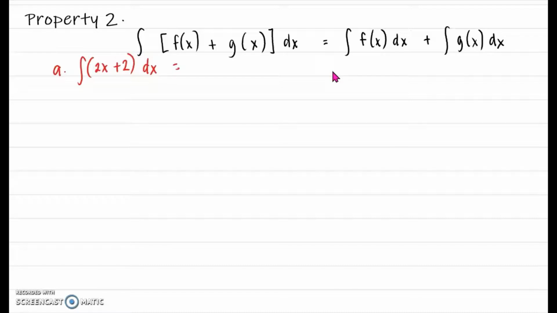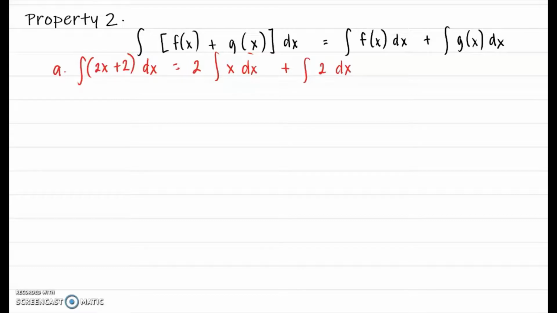So rewriting, that would be following our property 1 for f of x. So we'll have 2 times the integral of x with respect to x, plus the integral of 2 with respect to x.